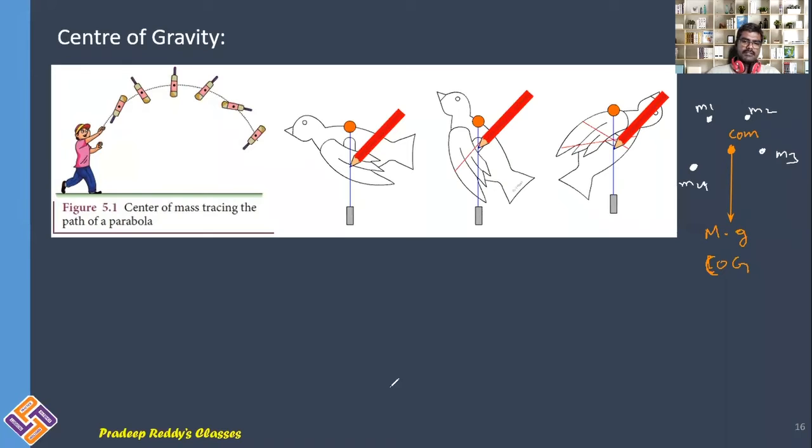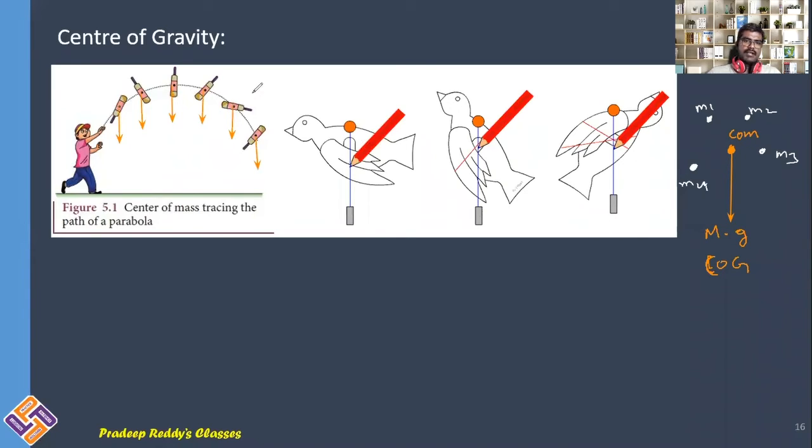Now, if you observe this clearly, here this person is throwing a bottle which has its center of mass over here. This is the center of mass position, and that center of mass is being pulled in downward direction by the gravitational force. Everywhere, the center of mass is pulled in downward direction by the gravitational force. Right?